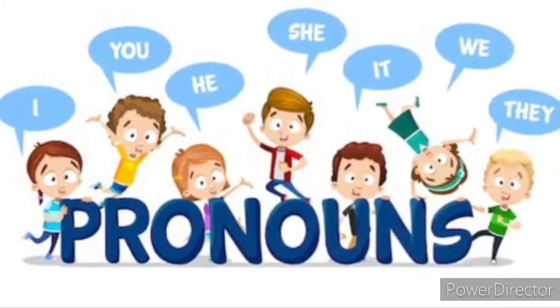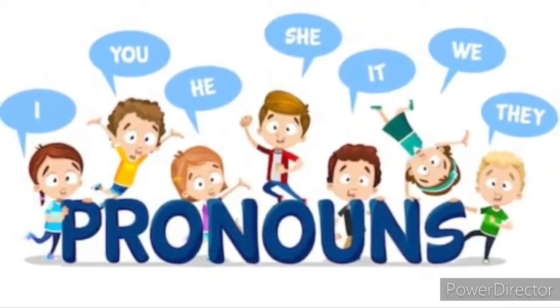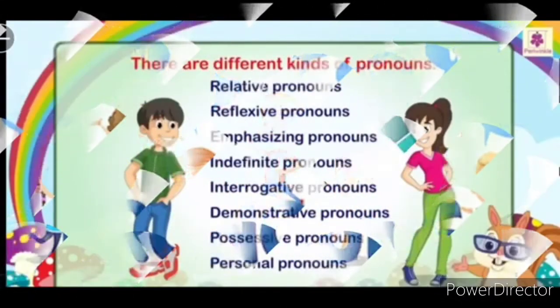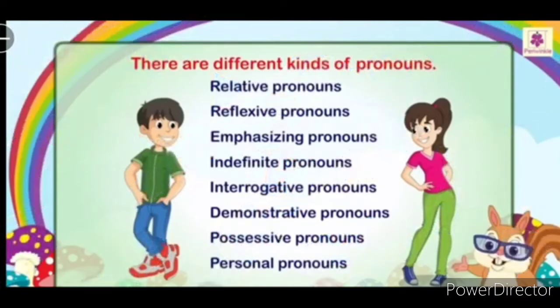Children, let's learn the pronouns one by one now. Children, as I told you, there are different kinds of pronouns in English. See here, you have the first one, relative pronoun. Second one is reflexive pronoun. Third one, emphasizing pronoun.